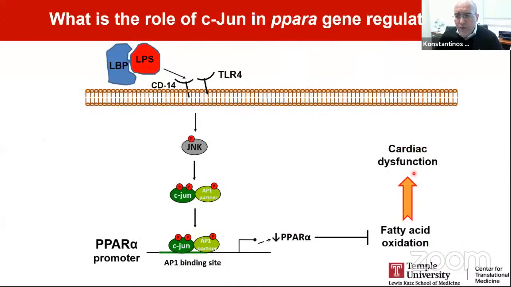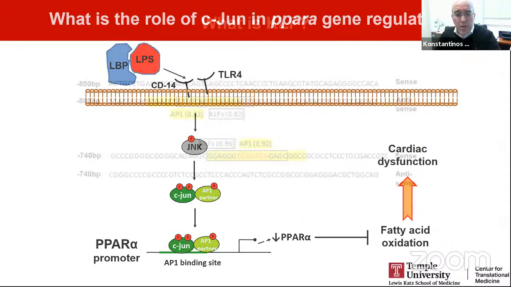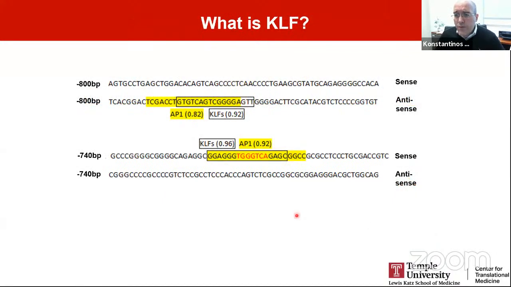So our first question was about c-Jun and PPAR alpha and how this transcription factor manages to suppress the expression of a protein which is very important for the regulation of cardiac metabolism. So we started with a conventional promoter analysis of PPAR alpha, and when we compared the mouse and human promoters, we came up with a conserved potential binding site of c-Jun, an AP1 site.